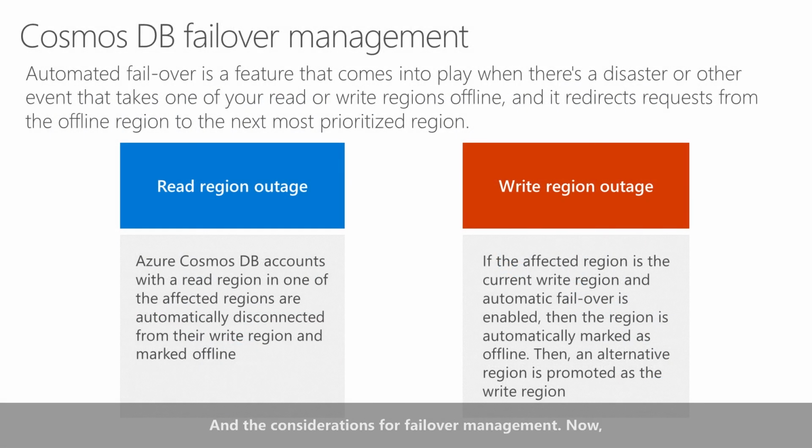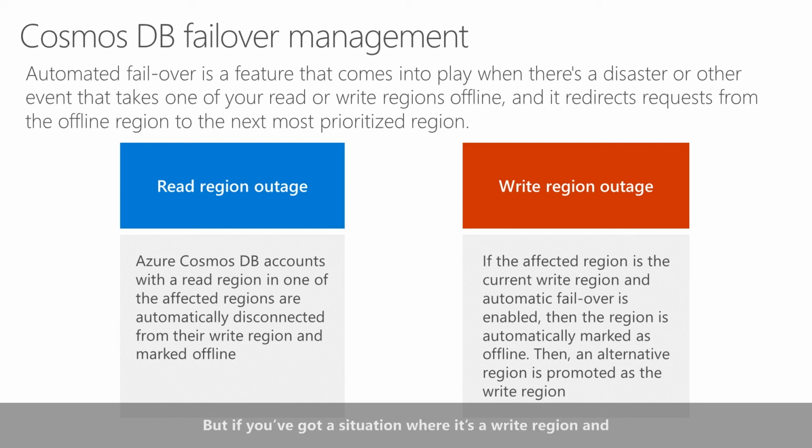And then considerations for failover management. Now, you do have automatic failover. That is a feature. And then you've got to consider the configuration of how you've set up the different replications. So you might have a read region that goes out, in which case the read region in one of the affected areas is automatically disconnected from the write region and marked offline.